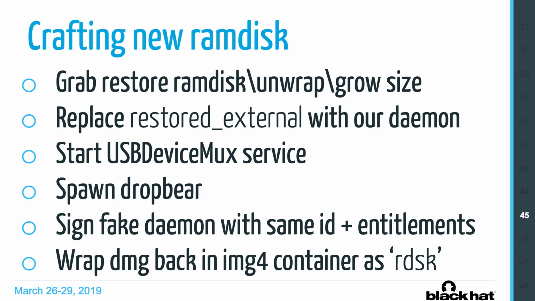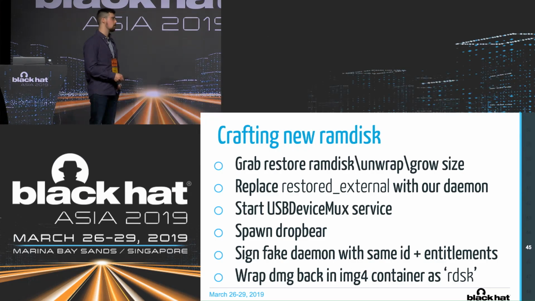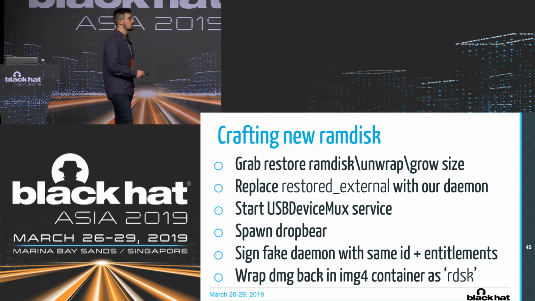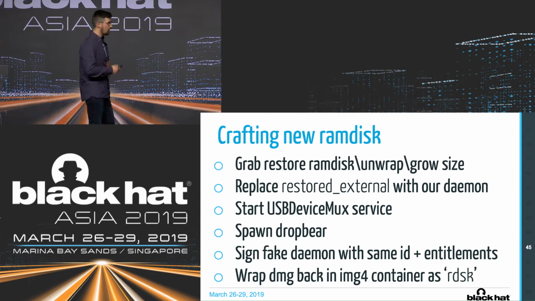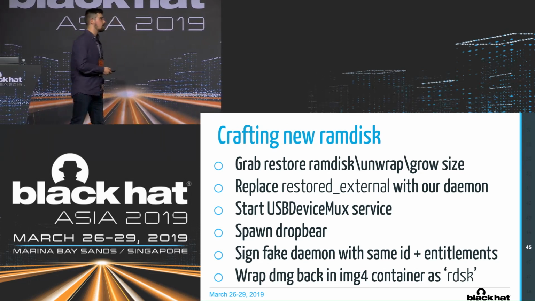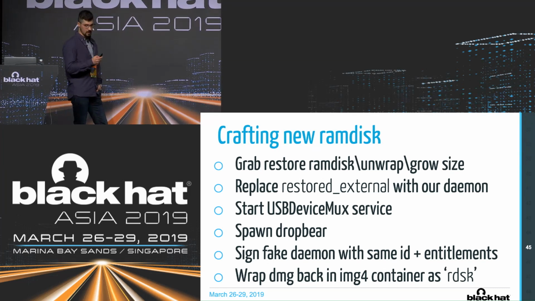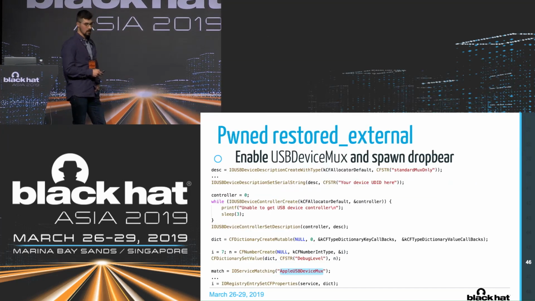The launchd now gets a hard-coded list of the IDs that can execute, and if our ID is not one of them, it will be prevented. As well, we need to provide the entitlements that get access to the USB device MUX service. Finally, wrap everything back and sign it as a RAM disk container.